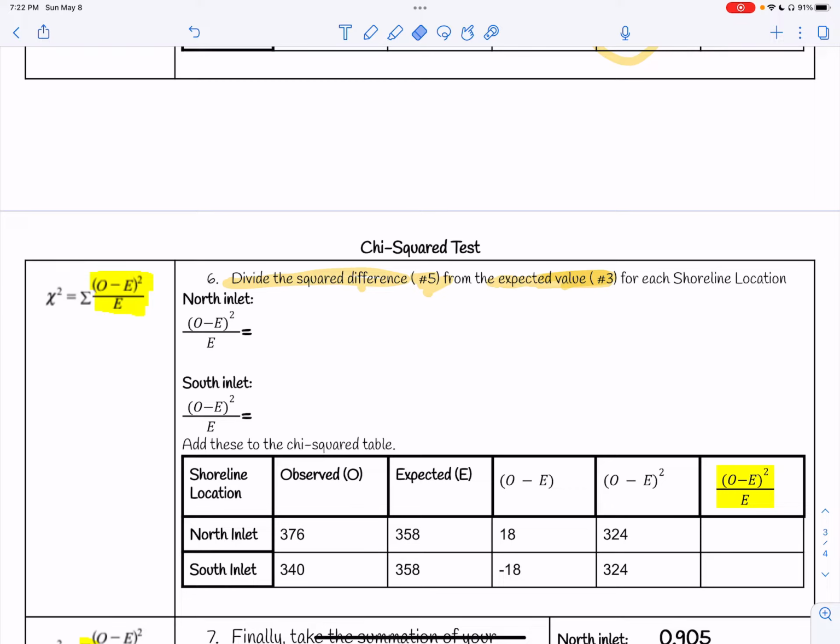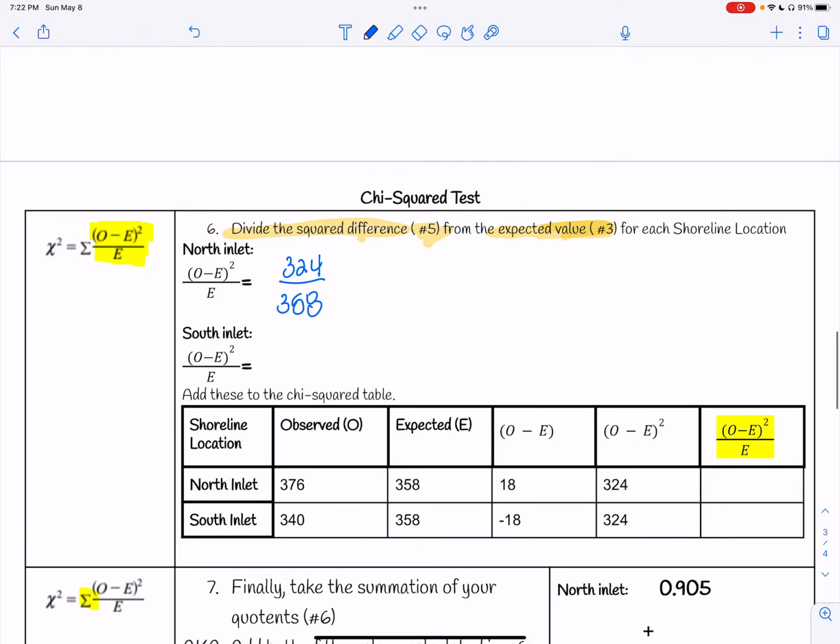All right, so observed minus expected in the north inlet squared is 324. And we're going to divide it by the expected. That's 358. And it just so happens in this example, they're going to be the same.